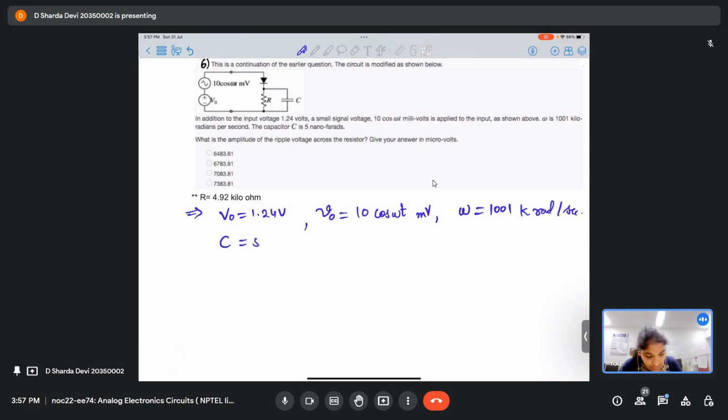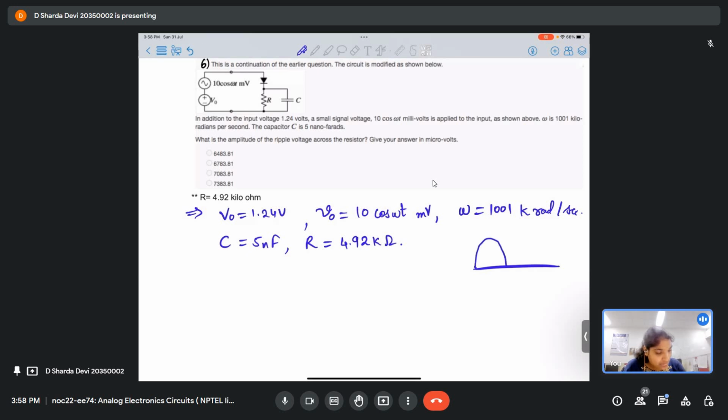C is 5 nanofarad. R is 4.92 kilo ohms. So what we have to find is the amplitude of the ripple voltage across the resistor. Since this is a single diode, this circuit will somewhat behave like a half-wave rectifier, right?